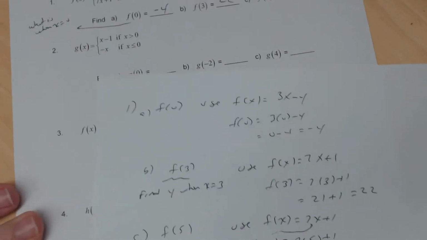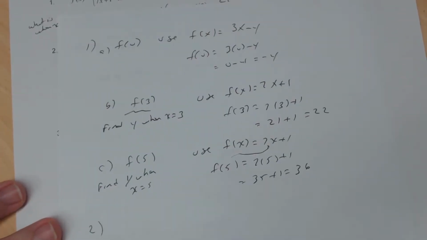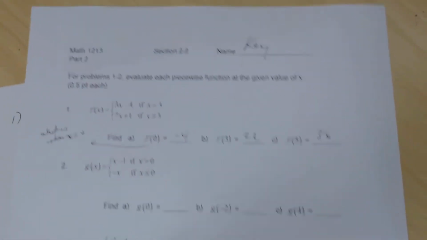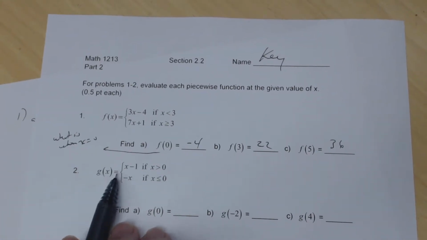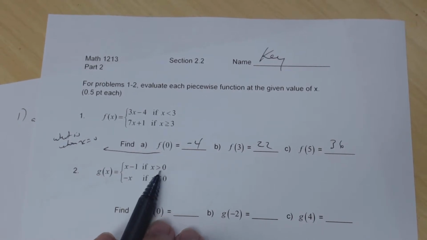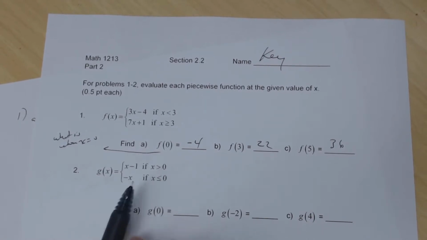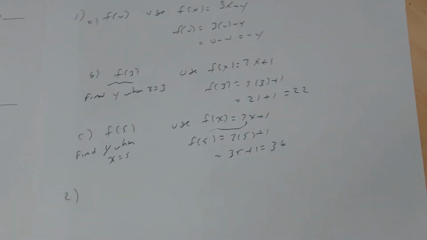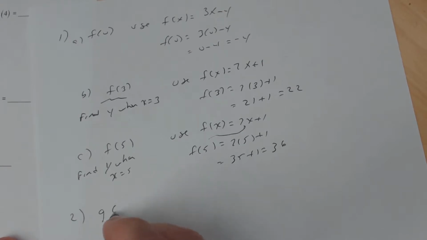Okay, number 2, same idea. This says that g of x will equal x minus 1 if the values in your domain are bigger than 0, and it's going to equal negative x if the values in your domain are less than or equal to 0. So for part A, I want to find g of 0.